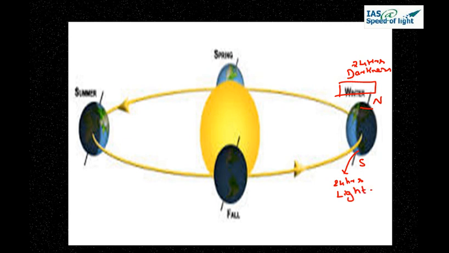Right. Let's move to the other point, which is the summer solstice, right? So this time the earth tilt is making it in such a way that this north pole is getting 24 hours light, while this south pole is in 24 hours darkness.